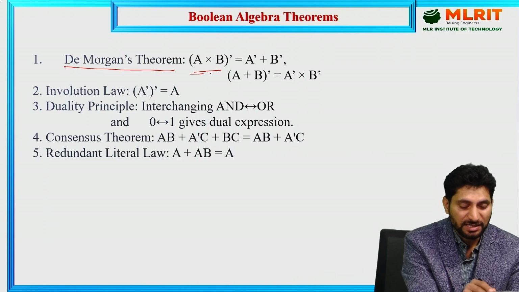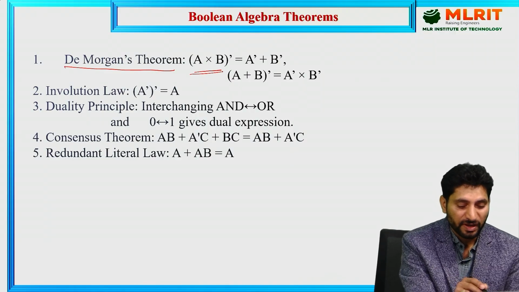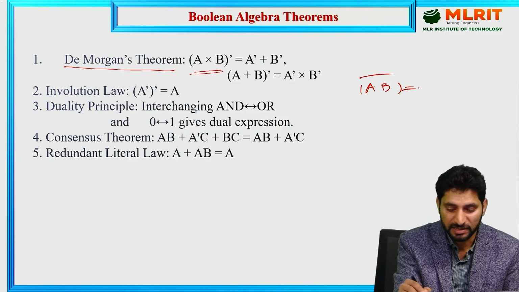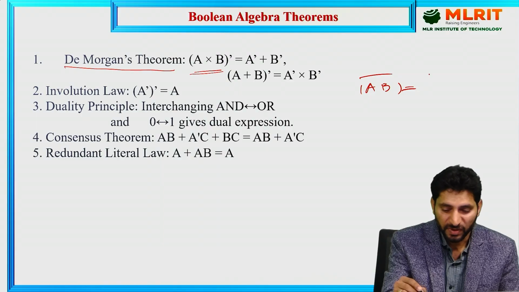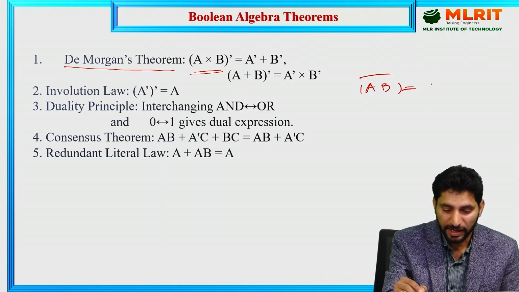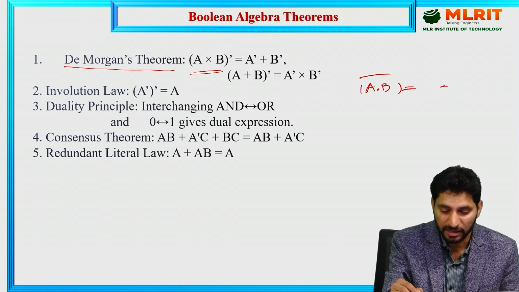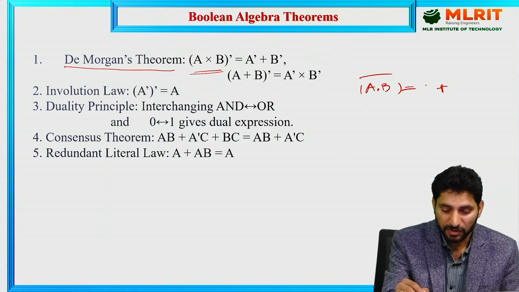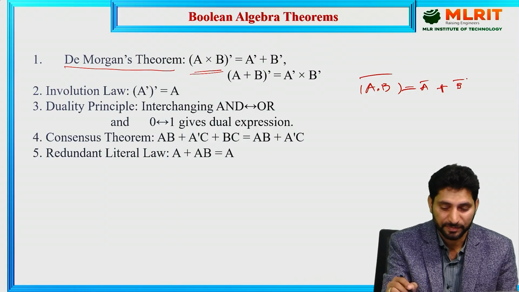In the expansion, if we take A dot B whole bar, we need to interchange the operator. Here the dot operator is there, so I'll take the plus operator and complement each literal: A bar plus B bar.